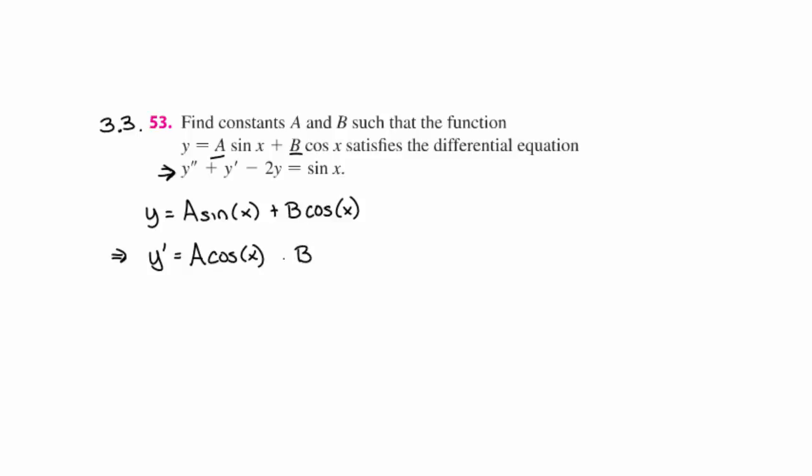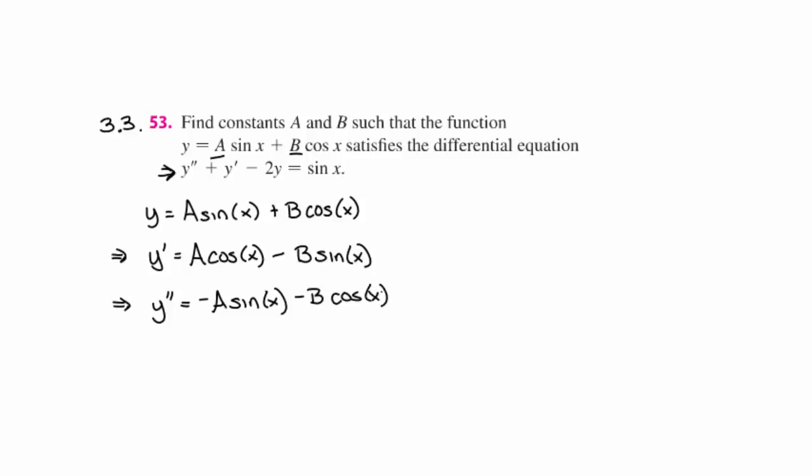Well, the derivative of the cosine is a negative sine, so be very careful there. And then the second derivative: a times the derivative of the cosine is going to be a negative a sine, and a negative b times the derivative of the sine is a negative b times the cosine.